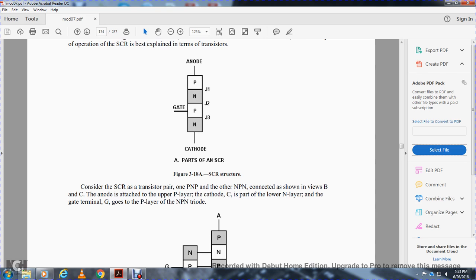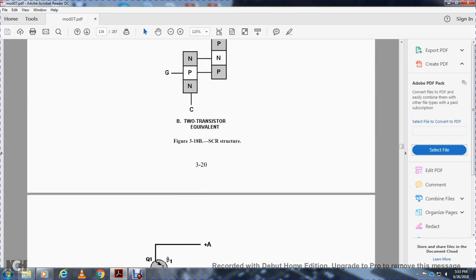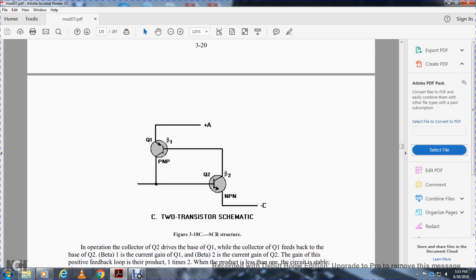The gate terminal goes to the P layer of the negative-positive-negative transistor. Figure 3.18 shows the silicon controlled rectifier with the two-transistor equivalent, the two-transistor schematic with transistor 1 and transistor 2, terminals A and B, and beta 1, beta 2.